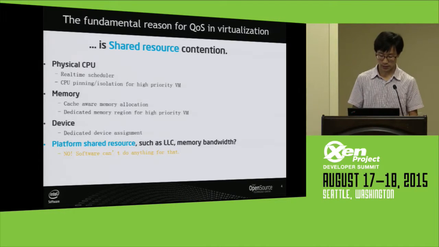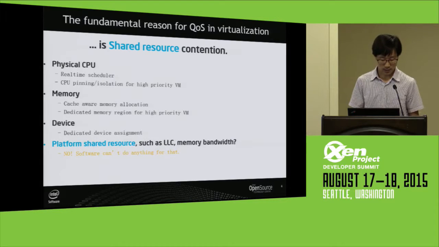We already have some ways to control the QoS for some of these shared resources. For example, for CPU, we can assign isolated CPUs to the high priority VM, and we can also assign dedicated memory to the high priority VM.